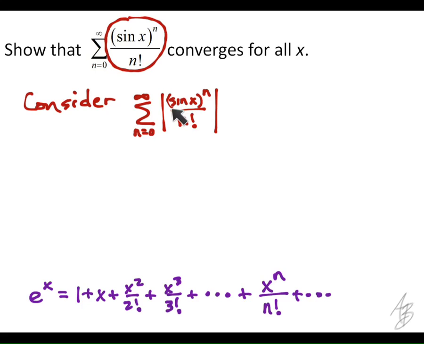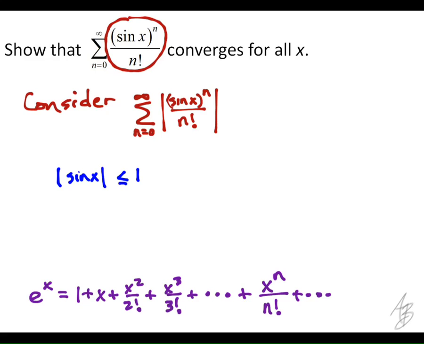The key here is that the sine of x, and remember we have an absolute value, right? This absolute value just simplifies things a little bit. But the sine of x is always going to be less than 1, right? Do you guys agree with that? Or I could even say the absolute value of the sine of x is always going to be less than or equal to 1, right?